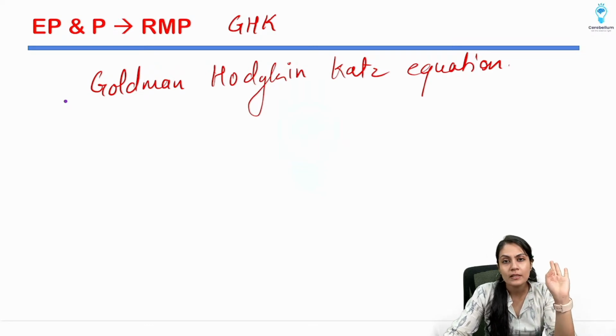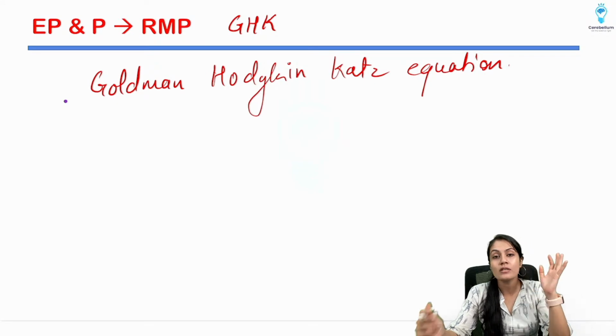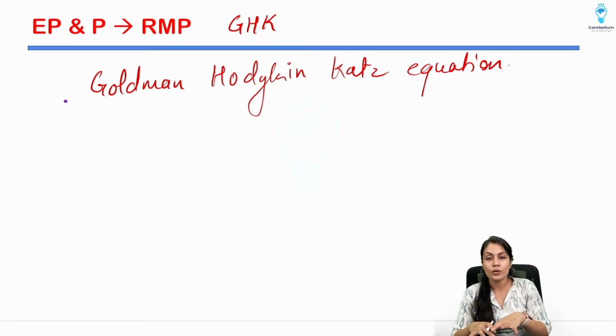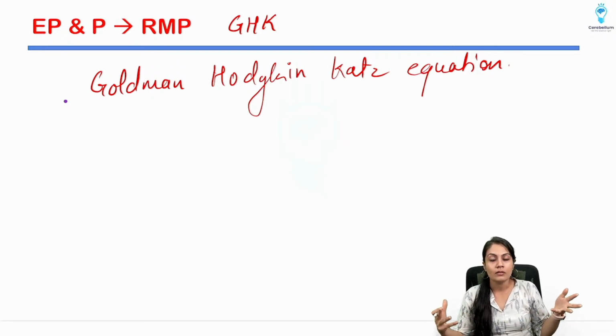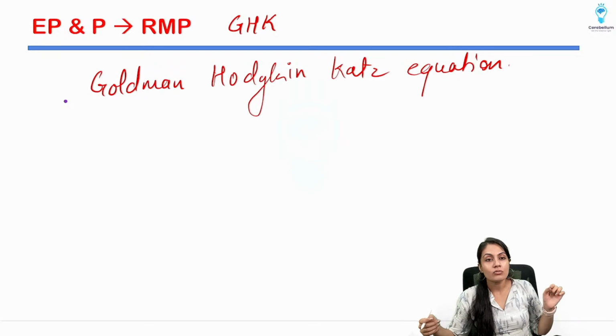What is the difference between these two? For RMP, you have to summate all the ions together. Remember, I specifically wrote that the Nernst equation or equilibrium potential is for a single ion. But at the cellular level, that is not the only ion which is going to move at a time.